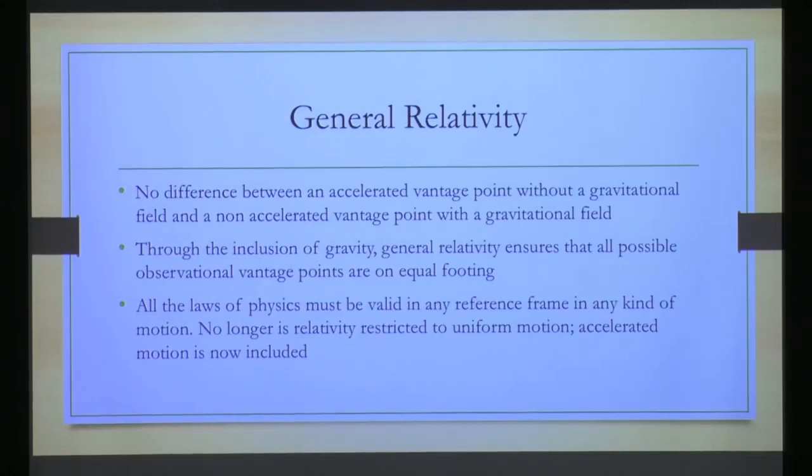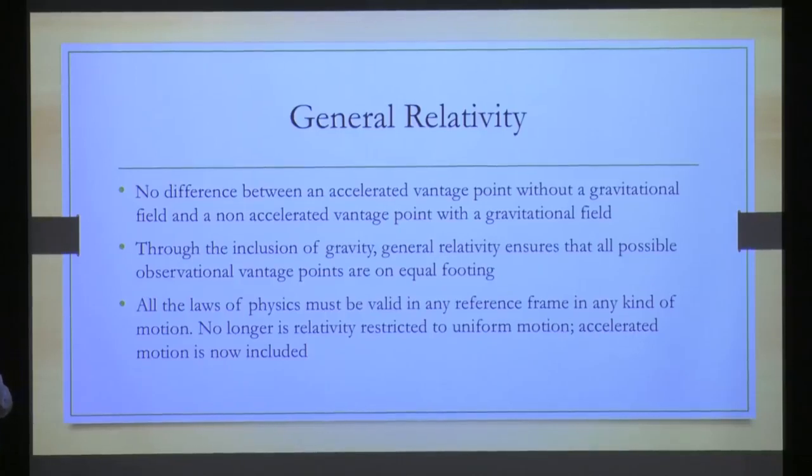What Einstein did is that he thought that there was no difference between an accelerated vantage point and a gravitational field. What does this mean? This means if I am in a train going at a speed that is not accelerated, I don't feel the motion.